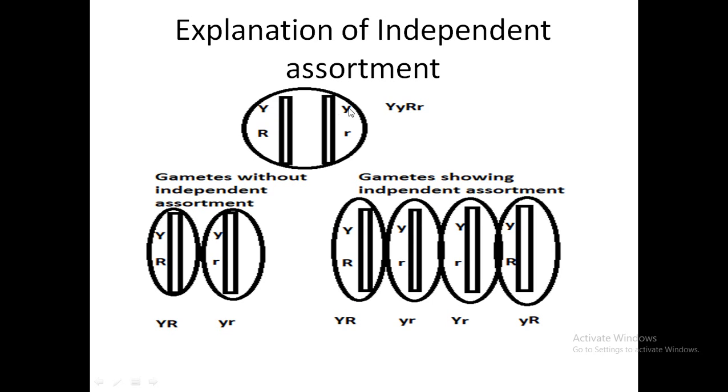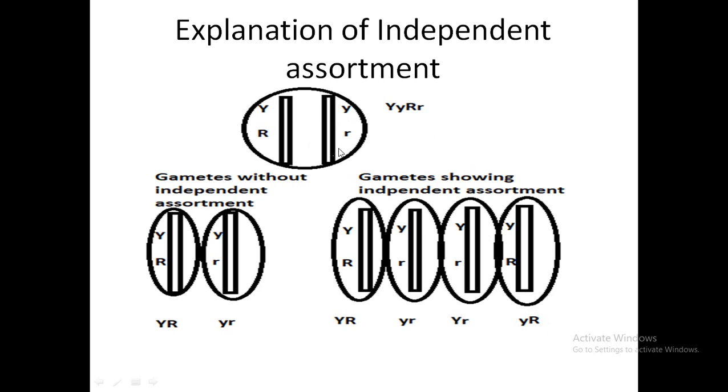Then this small y will go with this capital R, the dominant allele for shape of the seed. Now these two may come on the same chromosome. So you can see small y and capital R, if it is not exchanged. So this will be the possibility.